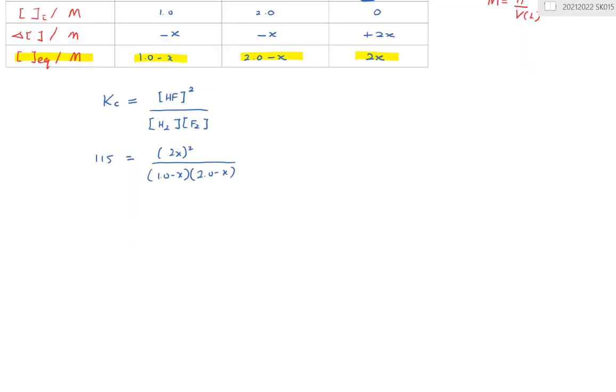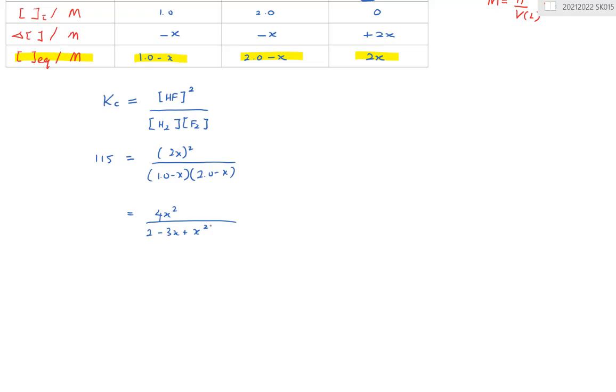And let's do some quadratic calculation. So remember, 2x in the bracket, we need to open up the bracket. So 2 squared gives you 4, and we have x squared. And then open up the brackets over here, gives you 2 minus 3x plus x squared. So this one is the quadratic calculation.